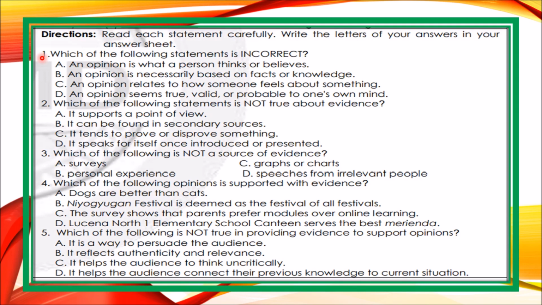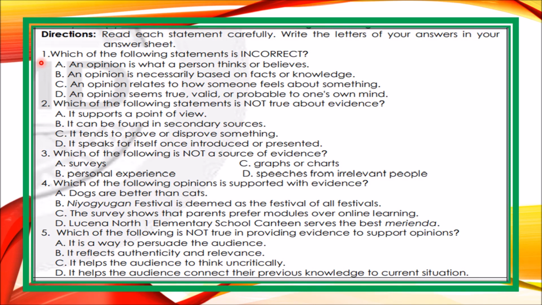B, an opinion is necessarily based on fact or knowledge. C, an opinion relates to how someone feels about something. D, an opinion seems true, valid, and probable to one's mind. So it should be incorrect. You have to choose only one.